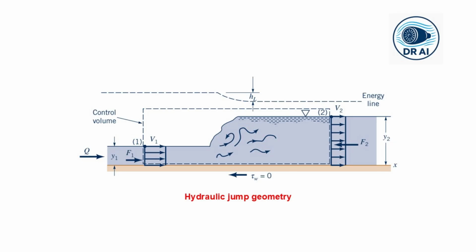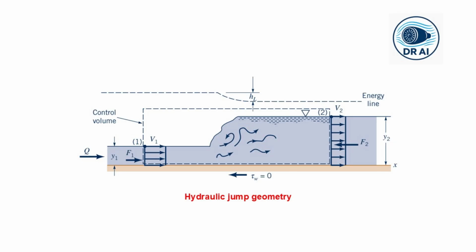Now we apply our fundamental tools. First the continuity equation, as represented here, and second the momentum equation. Since we are neglecting the friction, the only forces are the hydrostatic forces at sections 1 and 2.